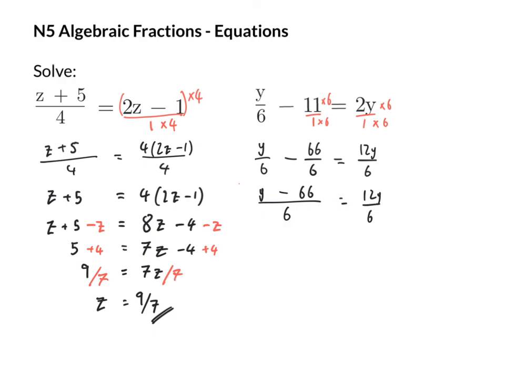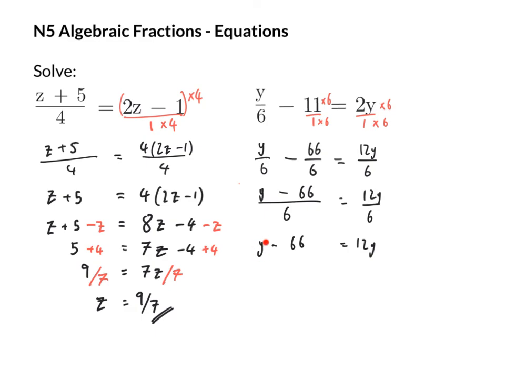Because these two things are equal, and I've got the same thing on the bottom, I can say the things on the top are the same. So I can say y minus 66 equals 12y. And I can then go ahead and solve it as I normally would.